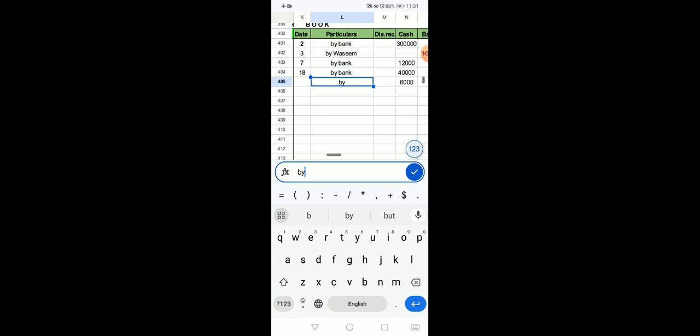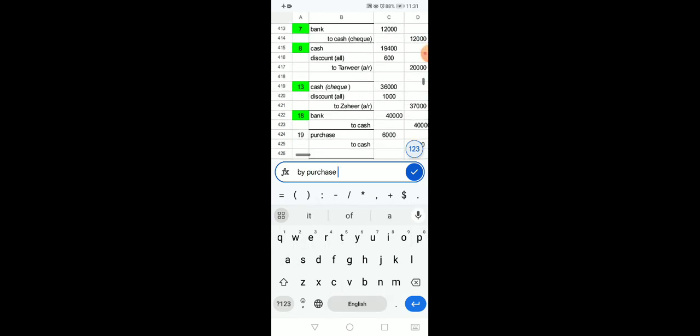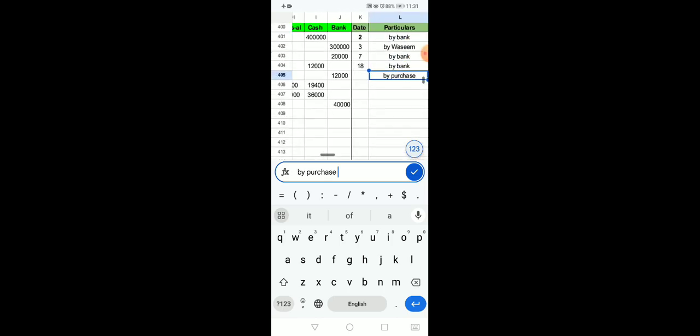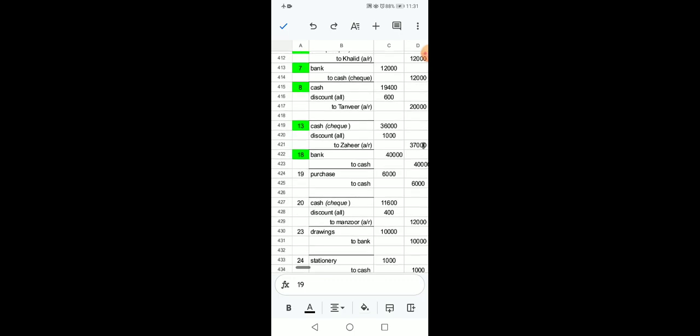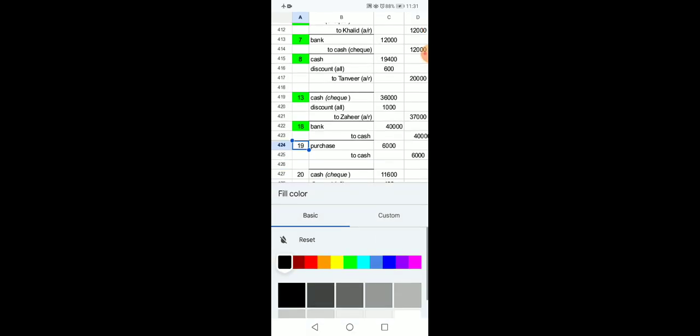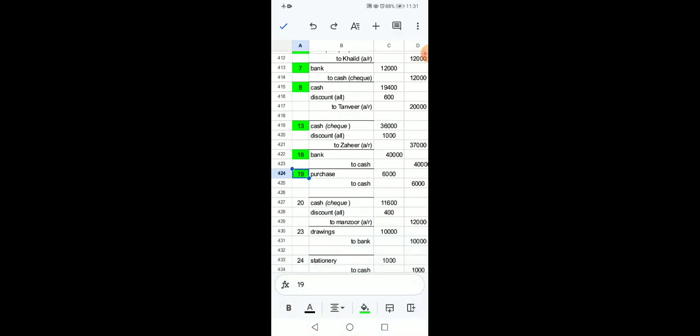Reference we will write by purchase and the date is 19, so you will put 19 over here. The 19th entry had 2 elements but only one element was associated. We have posted it, which means the 19th entry has been completed. Mark it as done.